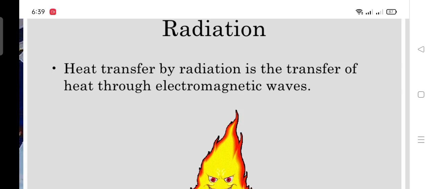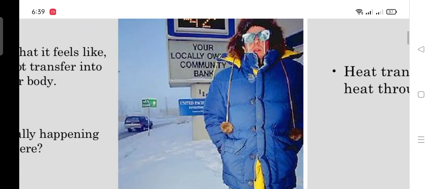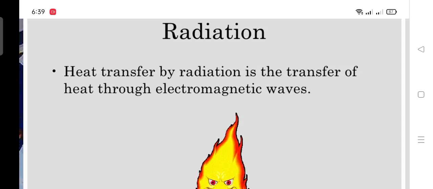Radiation generally occurs in the case of gases, but convection is the transfer of heat in the form of a fluid. When the transfer of heat occurs in fluid substances, we know that it is convection.